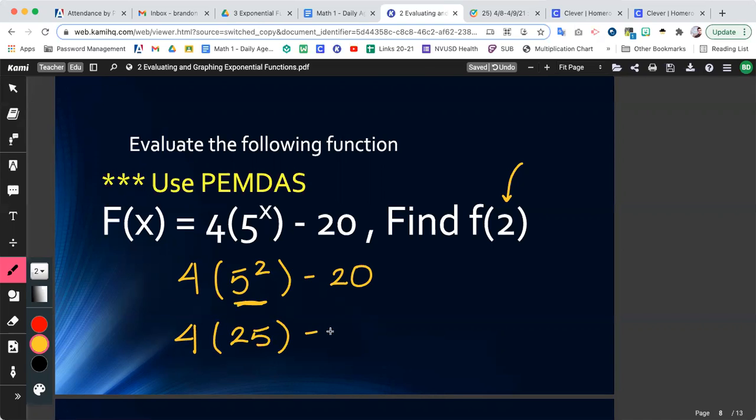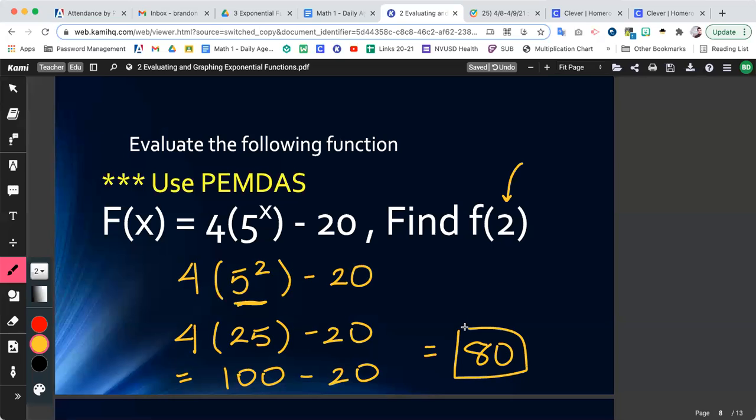And then I bring down the -20. Exactly. So now we're going to multiply 4 by 25, and that gives me 100. And I'm going to subtract 20 from that. And my final answer is 80.